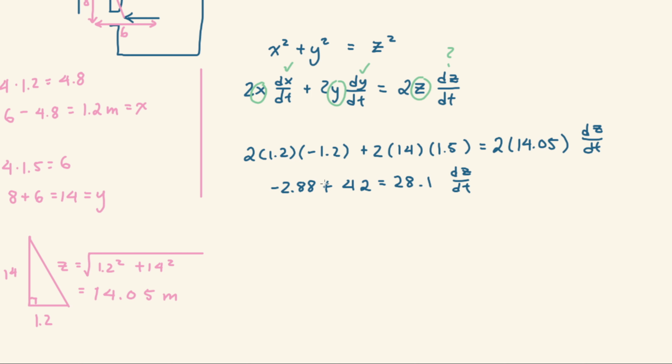So all we have to do is add this up and then divide by 28.1. That's going to come out to 39.12, and we're going to divide that by 28.1. And that's going to be 1.39, and that's your dz over dt. And your units here are meters per second.